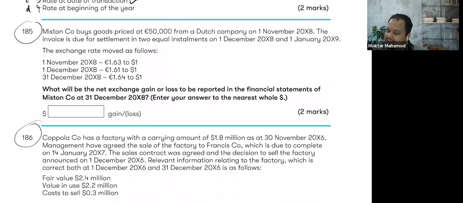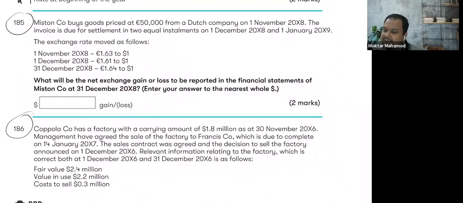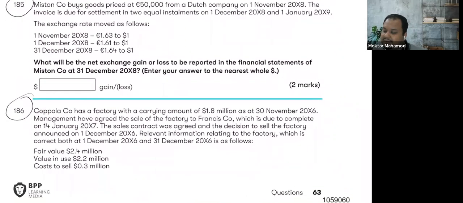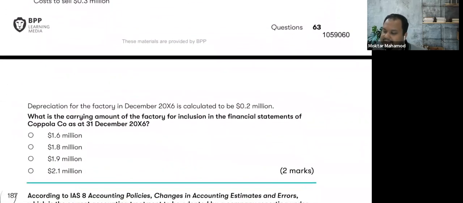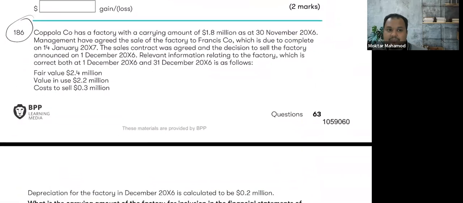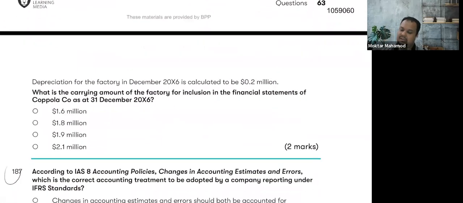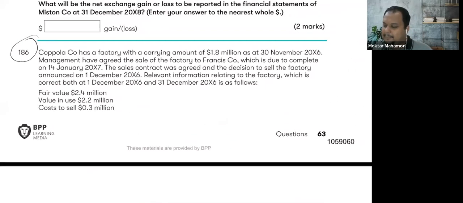So we just take 3 questions. This one is more or less the same as the one above. Buy, this one is payable, how about this one? We take the last one related to revaluation. What is the carrying amount of the factory for inclusion in the financial statement of Coppola at 31st December year 6?